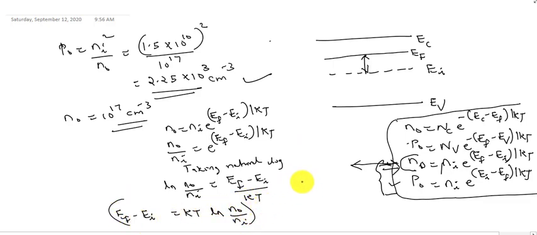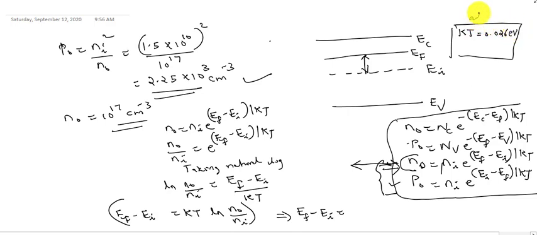So Ef minus Ei is equal to kT into ln N0 by Ni. What is the value of kT? You should remember it. k is the Boltzmann constant, T is temperature. Here the temperature is 300 Kelvin, so the value of kT is always 0.026 electron volt at 300 Kelvin.